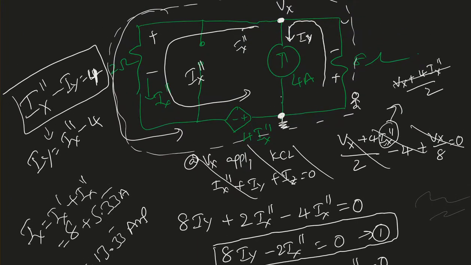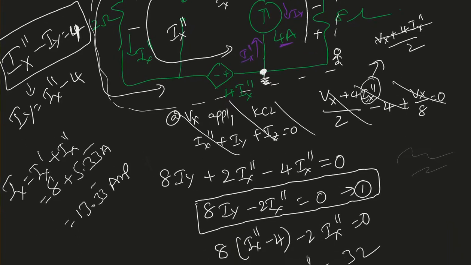Another equation: Ix double prime is going up and Iy is coming down, and the resultant current is going up. So Ix double prime minus Iy equal to 4, Iy equal to Ix double prime minus 4. So I have 2 equations. This is my second equation.